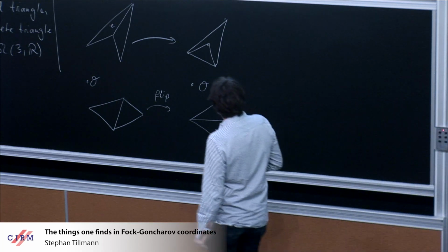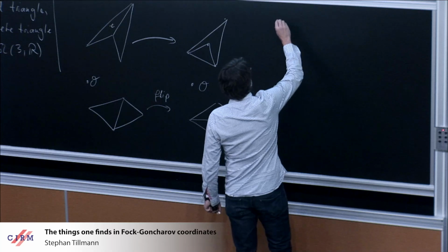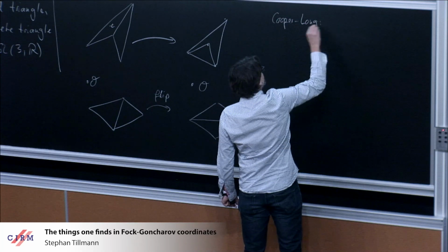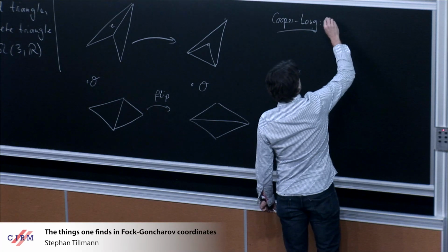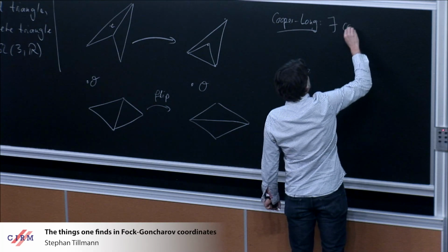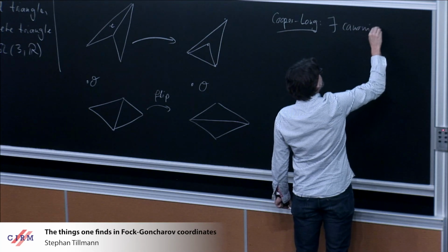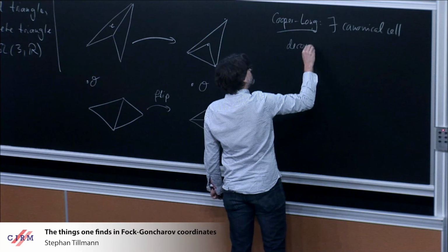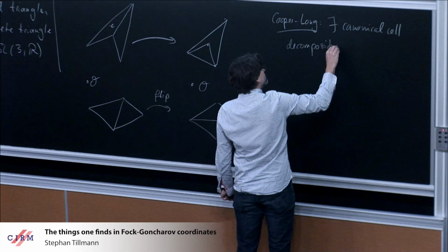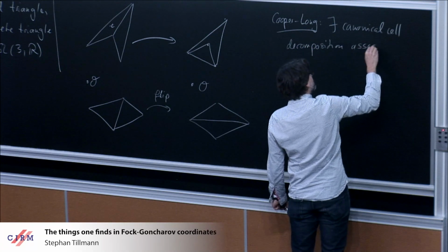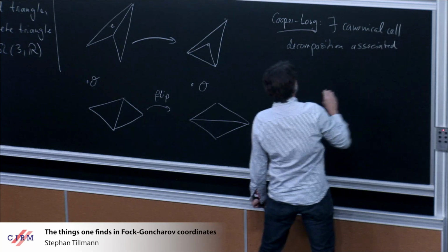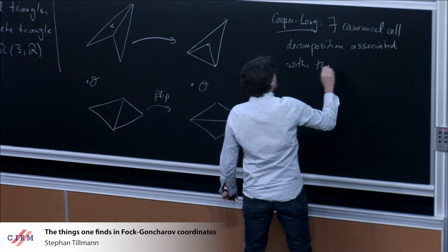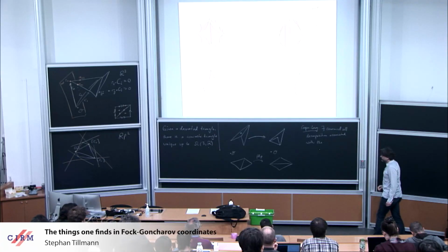Yeah? And so the nice thing is, basically Cooper and Long tell you that there is a canonical cell decomposition associated with this kind of, so what do we have here actually?